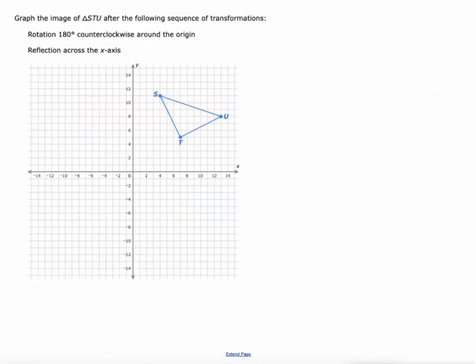Let's do this a few more times. This time we're going to do a 180-degree counterclockwise rotation, followed by a reflection across the x-axis. The first thing we need to do is list our original points, S, T, and U. S is at 4, 11. T is at 7, 5. And U is at 13, 8.